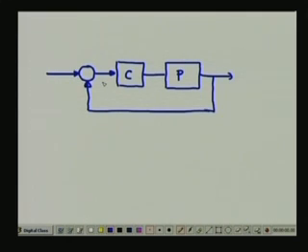So you see that there may be disturbances acting on the plant at various points, right. So these are disturbances D, this is the set point R, and this is the output Y.